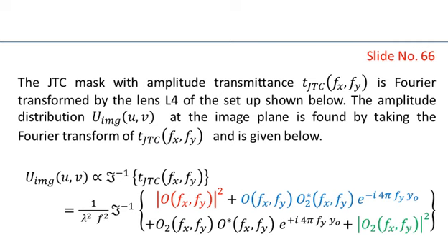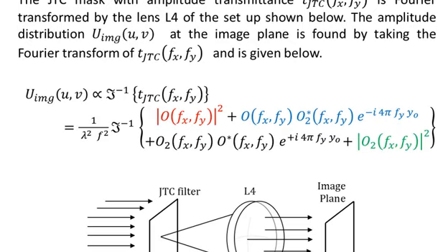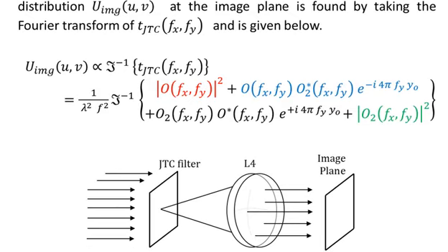So the amplitude distribution U_IMG, that is the amplitude image at the coordinate u, v at the image plane, because at the image plane we have the coordinates u and v, is found by taking the Fourier transform of T_JTC and is given below. This lens L4 will take the inverse Fourier transform which we have written over here, and the image will be formed at the image plane.